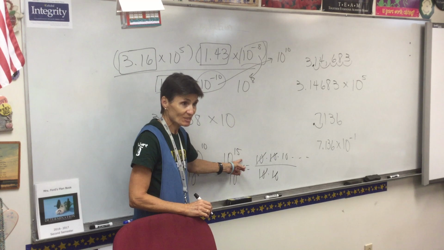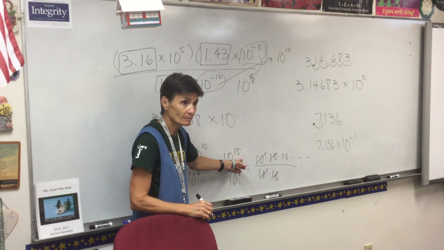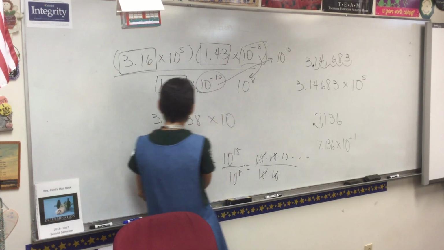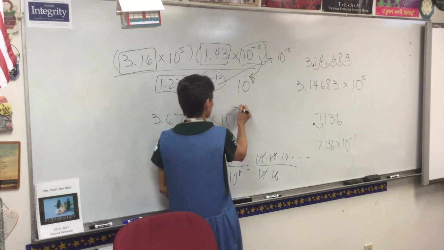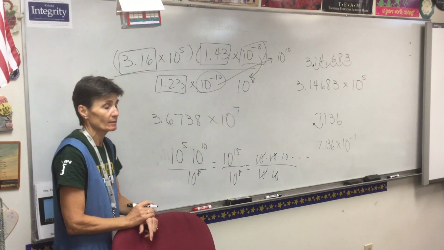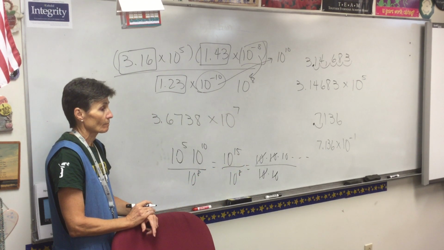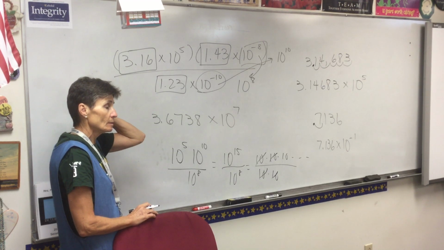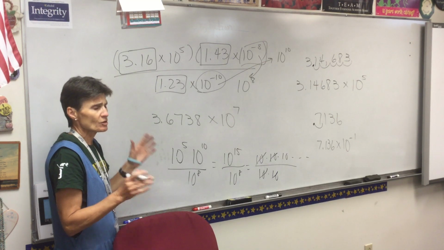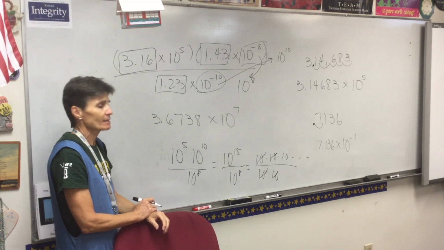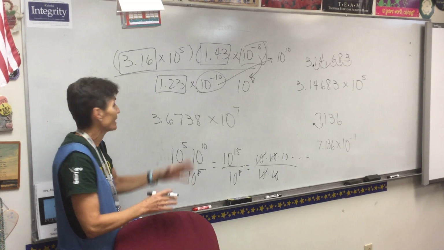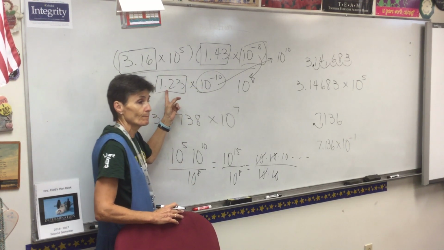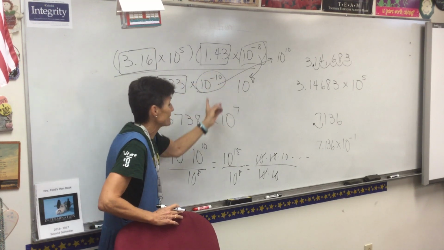There'd be 7 extras on the top. So my answer is 3.6738 times 10 to the 7. So the moral of the story is I did a lot of blabbing, but basically we simply multiply and divide the number part and then figure out how many tens you've got.